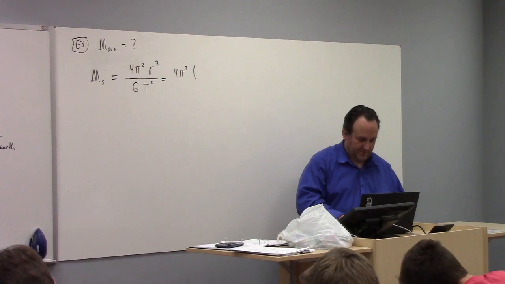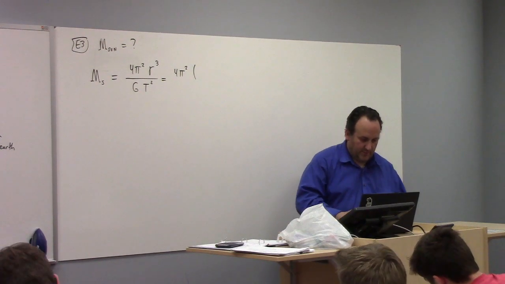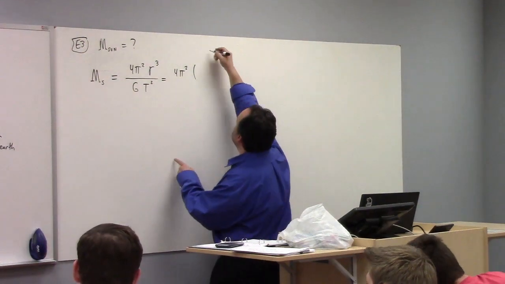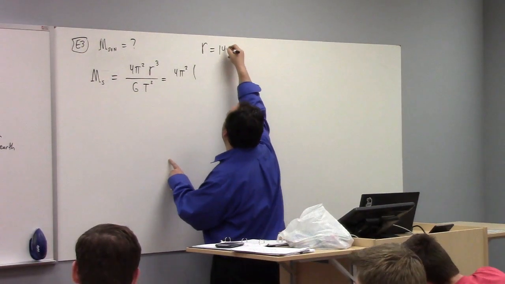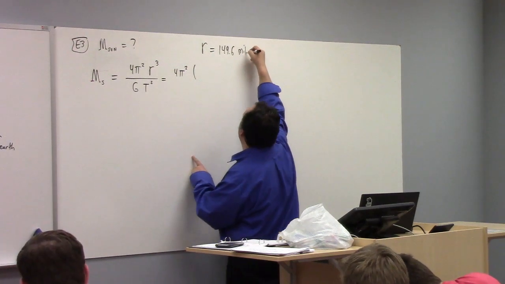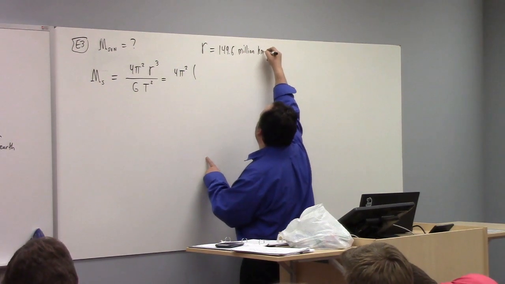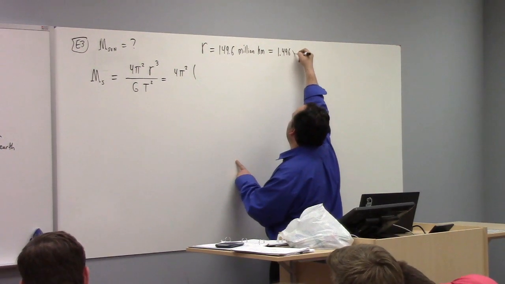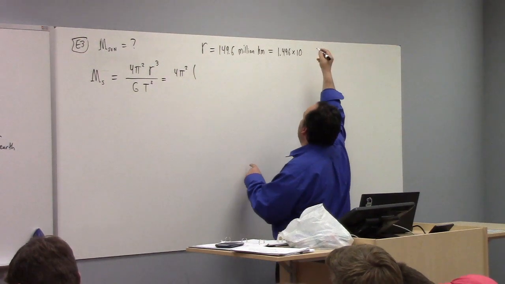An astronomical unit is defined to be 149.6 million kilometers. Let's write that in a more civilized way. That is 1.496 times 10 to the what meters? 11.